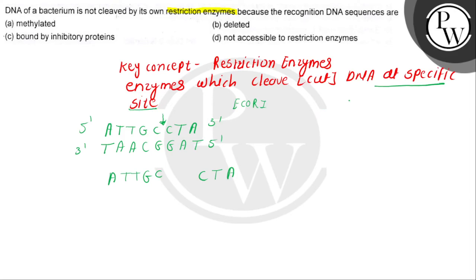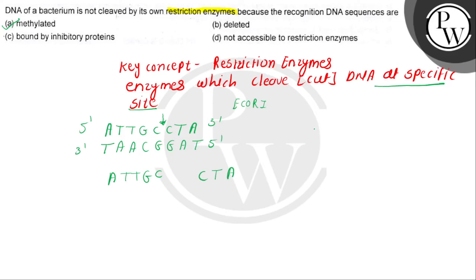Your question is that the DNA of bacterium is not cleaved by the restriction enzyme because recognition DNA sequences are always methylated. The recognition sequences are always methylated. Now suppose this is the site. This is also called modification of histone.